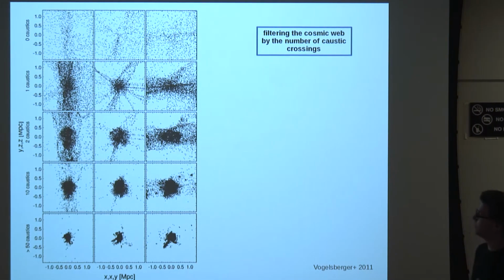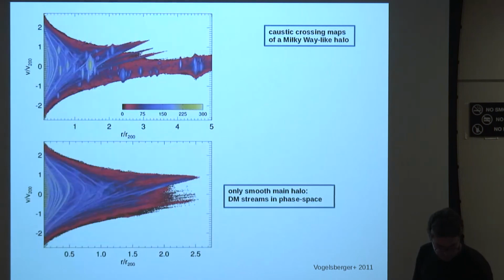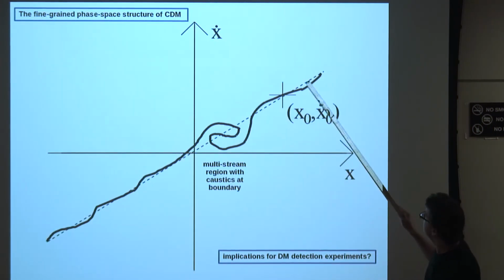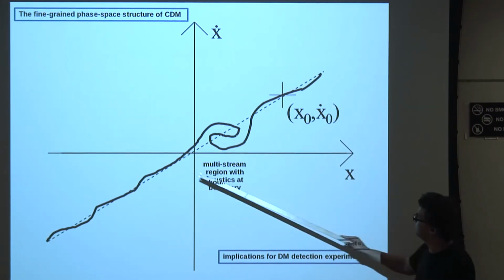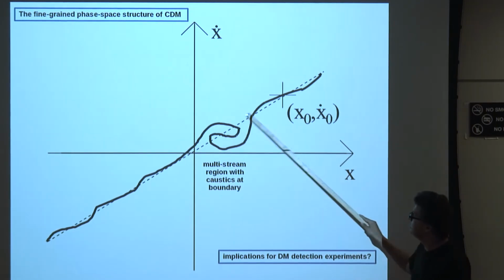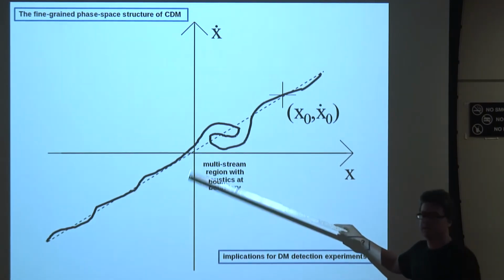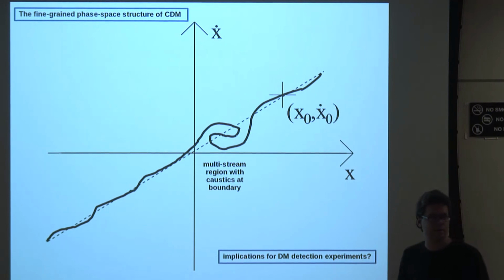You can then also look at the cosmic web around these halos and filter the web by the caustic count. If you remember from this picture here, the particles that are outside of the halo are still in this Hubble flow regime, so they didn't undergo any caustic yet, because they didn't collapse onto a halo.